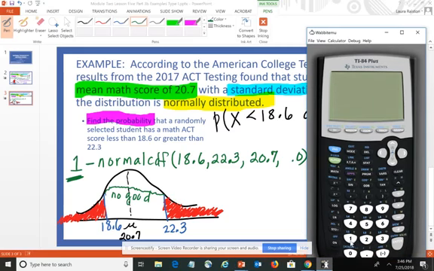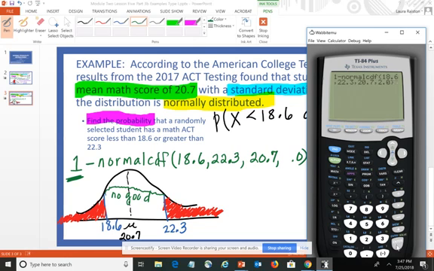You can go ahead and type 1 minus, and we're going to take out the piece that we don't want. We get our command, second vars, to get our distribution list. Number 2, we go from 18.6 to 22.3, mean of 20.7, standard deviation of 2, close it up.